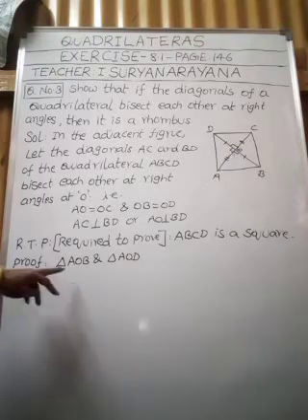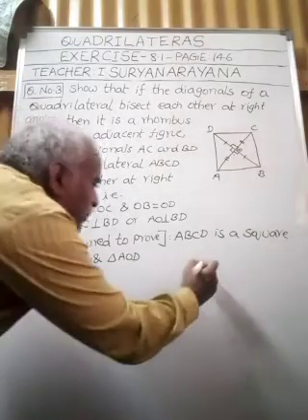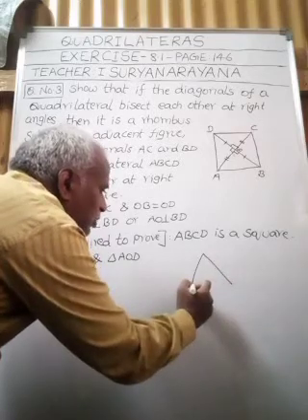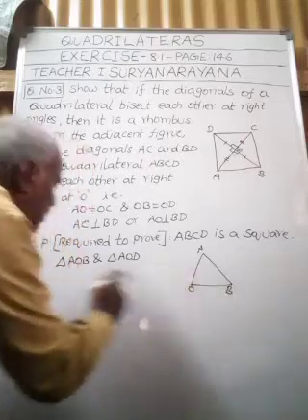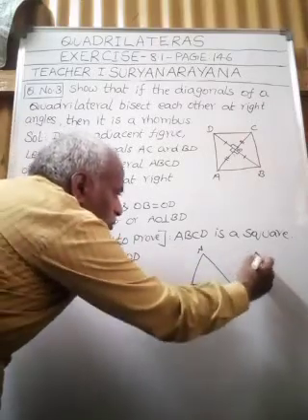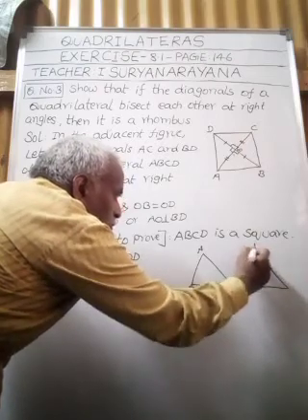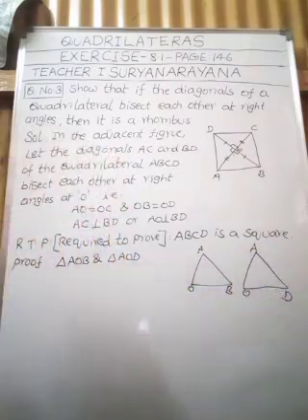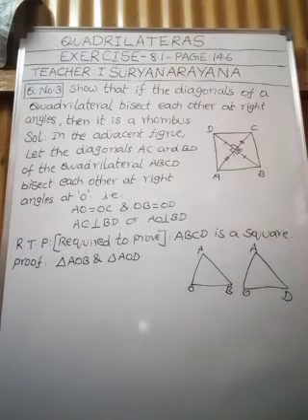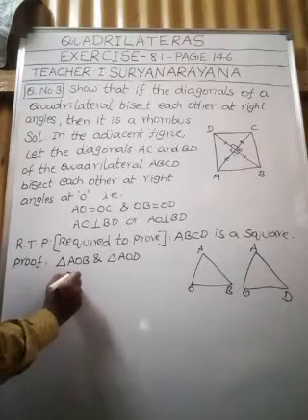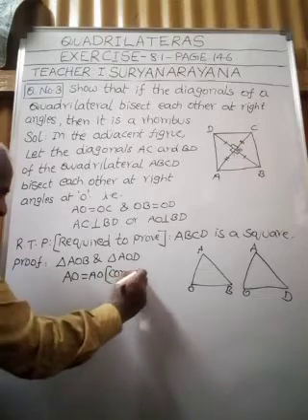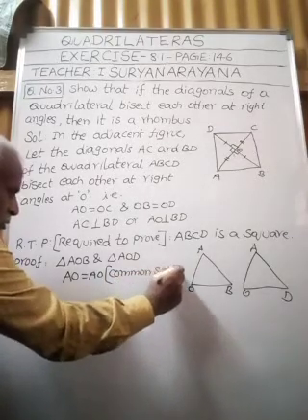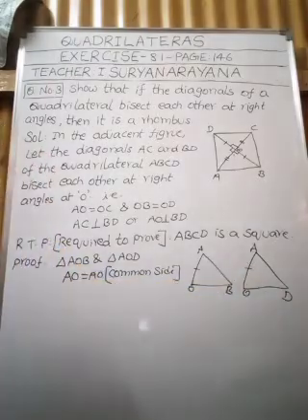Now let us draw the rough diagrams of these two triangles, AOB and AOD. Okay, my children. Let us compare the corresponding sides of these two triangles. Now AO is equal to AO. That is a common side.